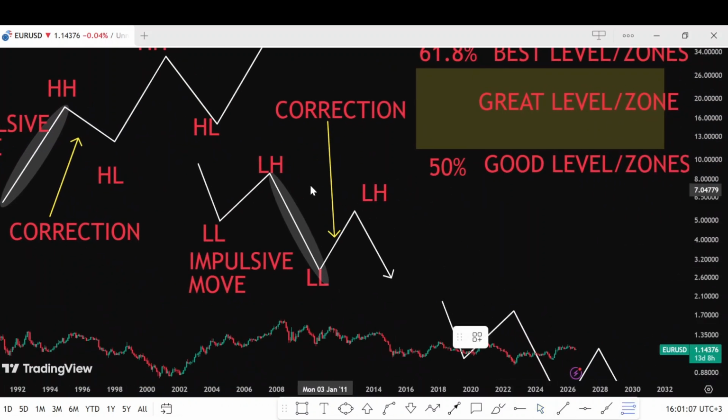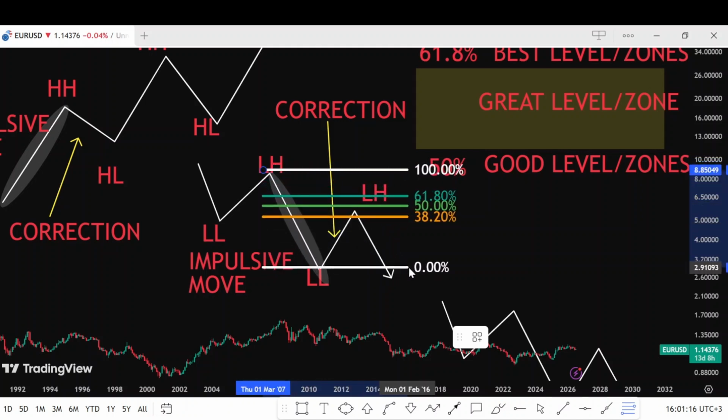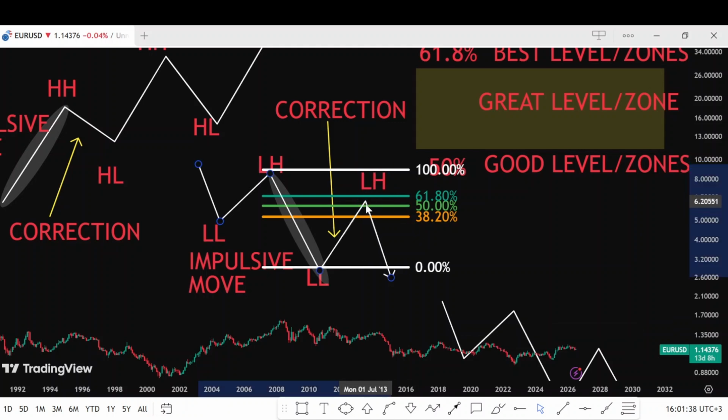You click your tool and then click on the start of the impulsive move to the end of the impulsive move, where the market shows you that it is beginning to pull back, and click again. So you will be watching price as it comes back into your fib levels.